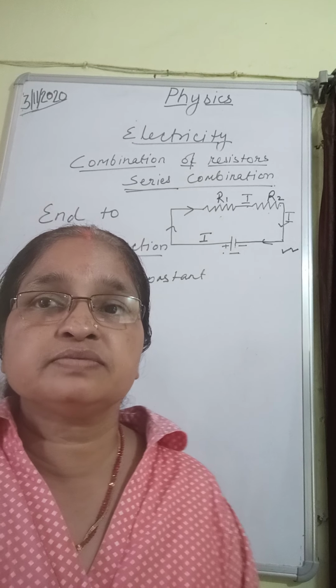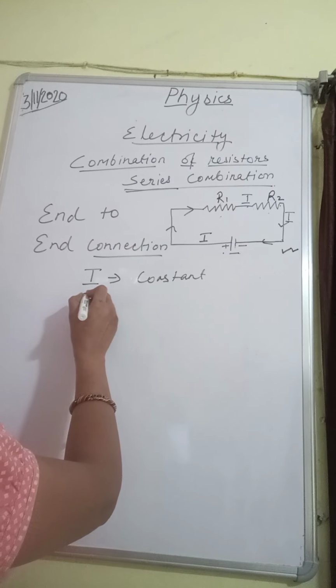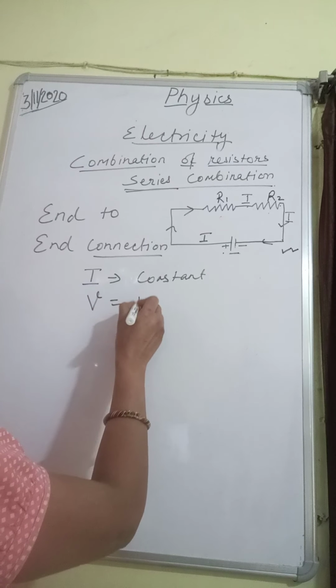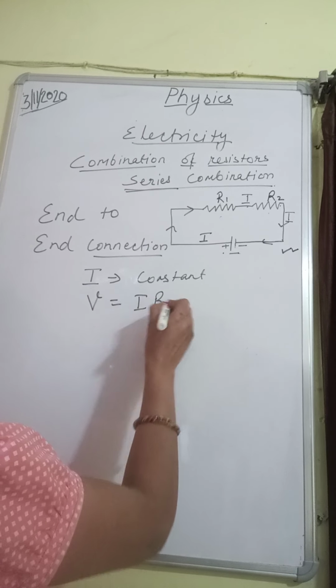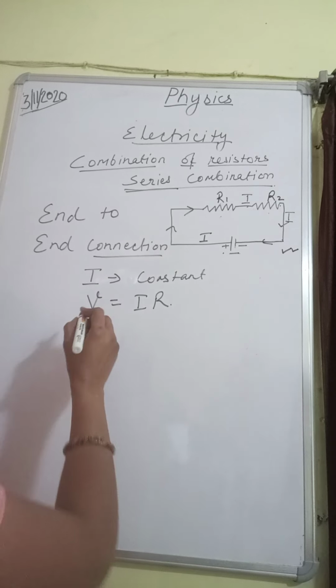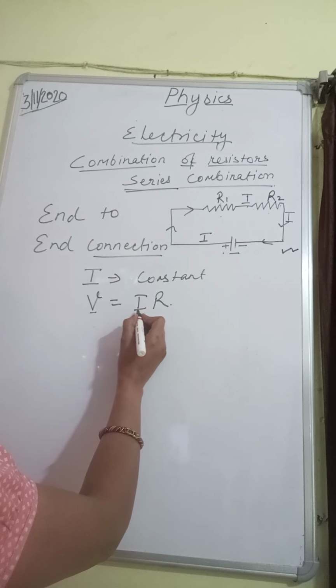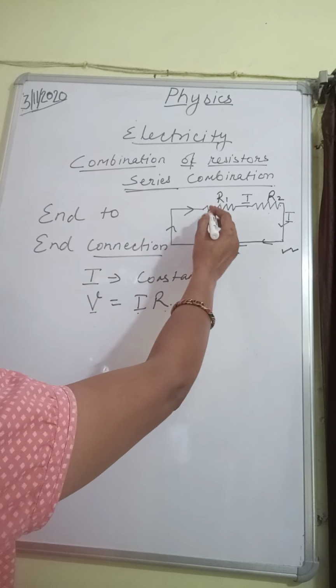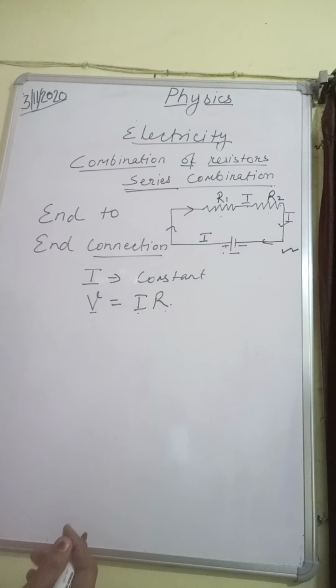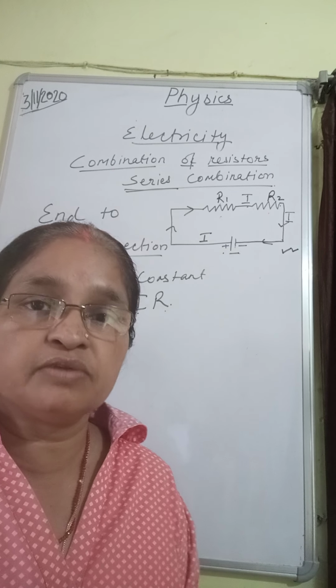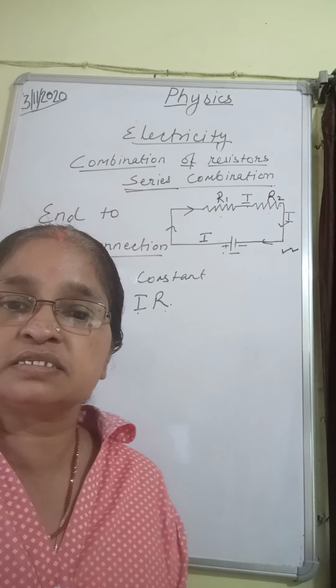Ohm's law we have studied: V is equal to IR. So let us think about V. Because I is constant, R is varying. Suppose one we have taken a light, another we have taken a fan. Naturally the resistance will vary.